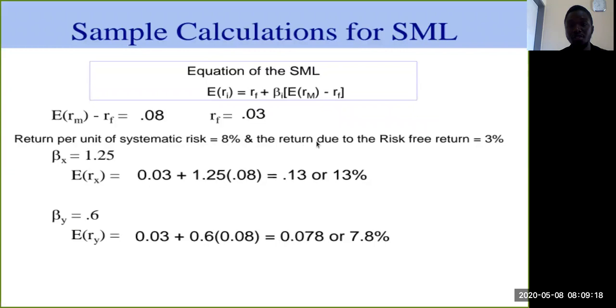And the return due to the risk-free return is 3%. So we've got the risk-free return, which is 3%. And you also have the systematic risk return, which is 8%.